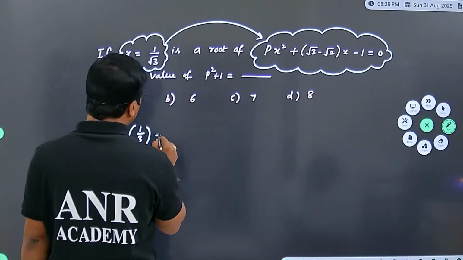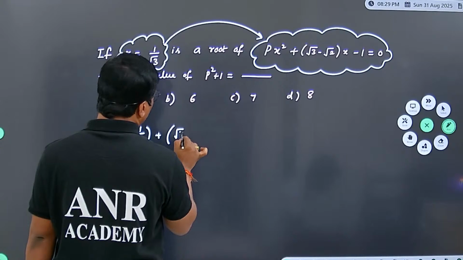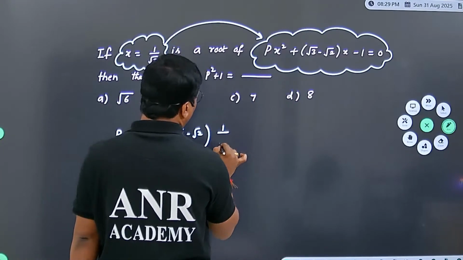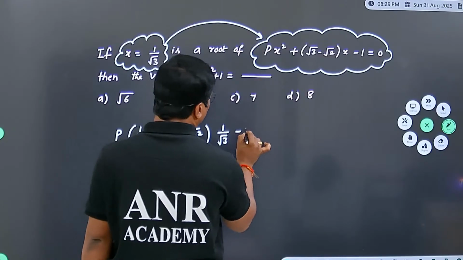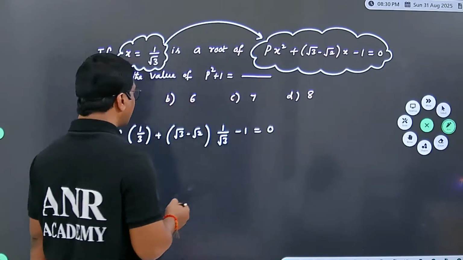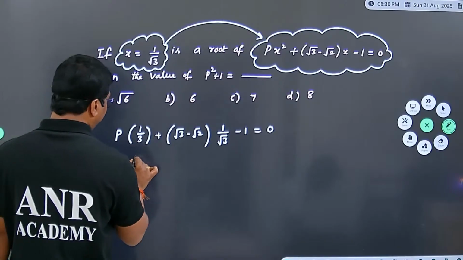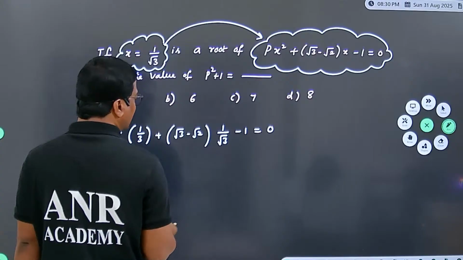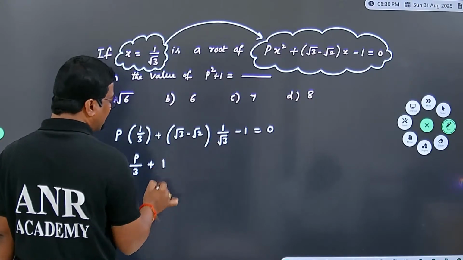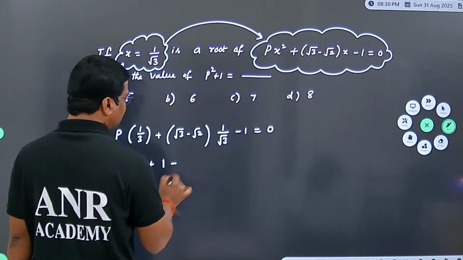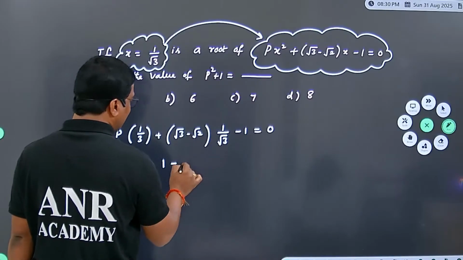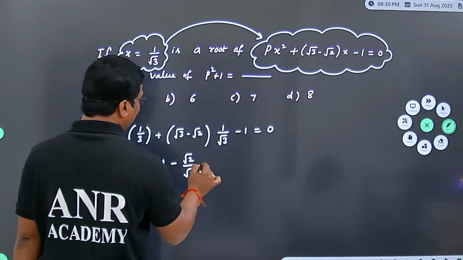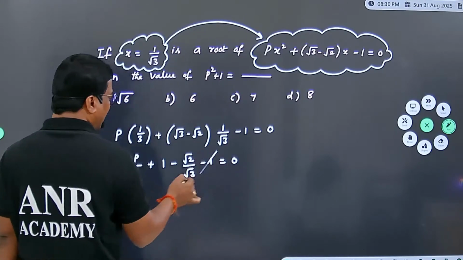Next plus root 3 minus root 2 multiplied by x, the value of x 1 by root 3, minus 1 equal to 0. So here p divided by 3 plus root 3 multiplied by 1 by root 3 gives 1. Next minus sign, root 2 divided by root 3. Remaining minus 1 equal to 0. Minus 1 plus 1 gets cancelled.